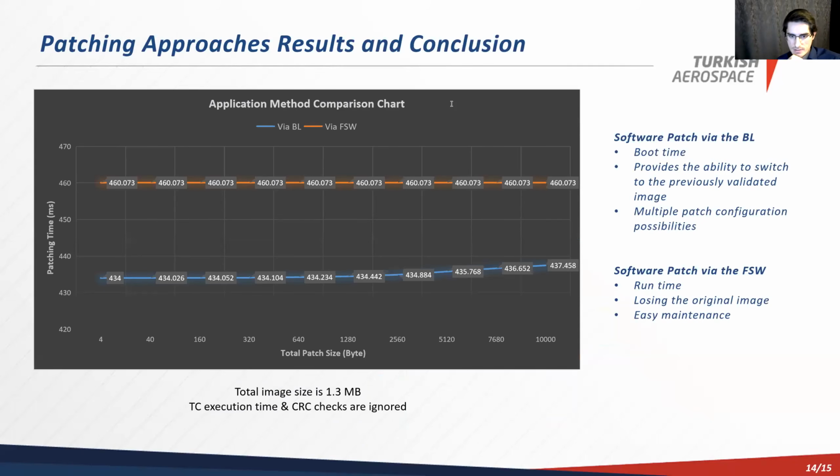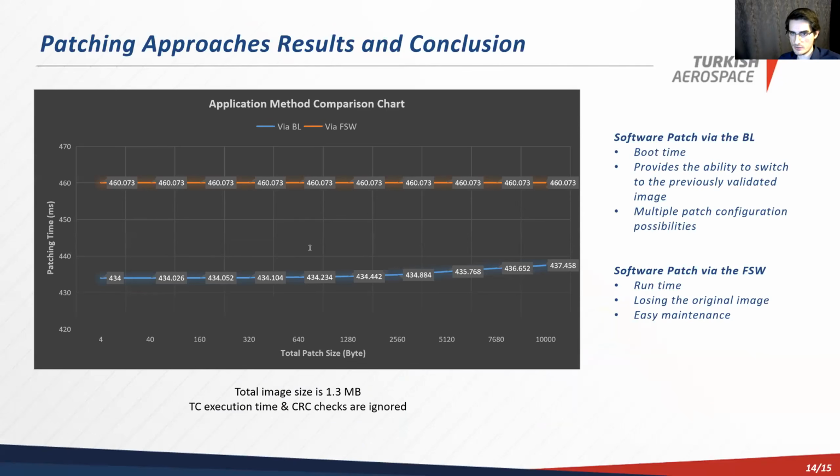In this chart, we can see a comparison of our approaches, and I need to mention that we ignored the TC execution times and CRC checks. We can see that the flight software approach is a straight line.